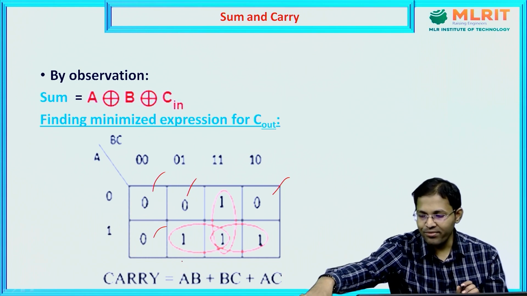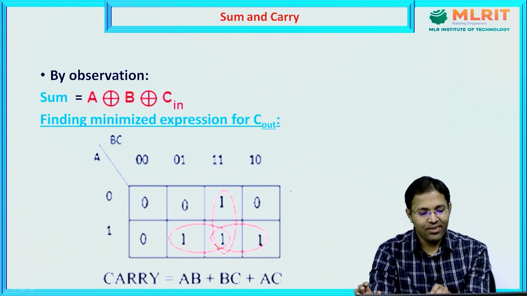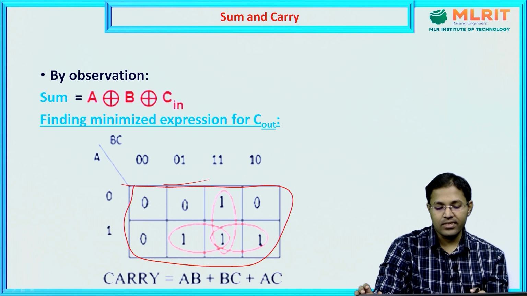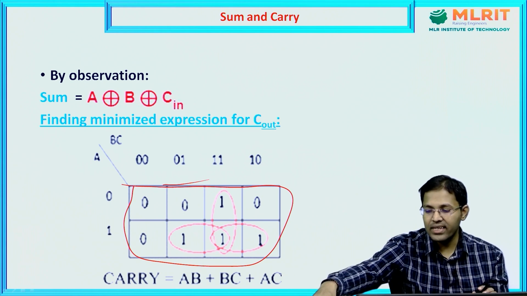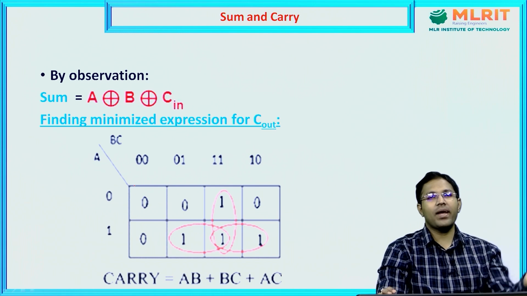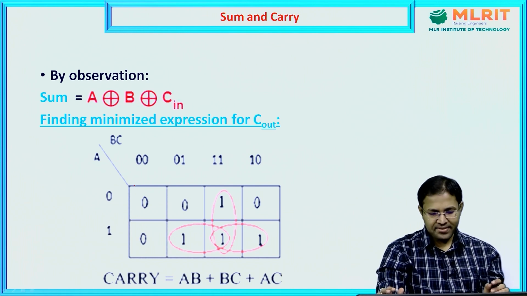Suppose we had all the boxes 1, then we could map the entire thing, but all are not ones. So all 8 mapping is not possible. First you will check whether all 8 mapping is possible. No, it's not possible. 4 ones, is it possible?